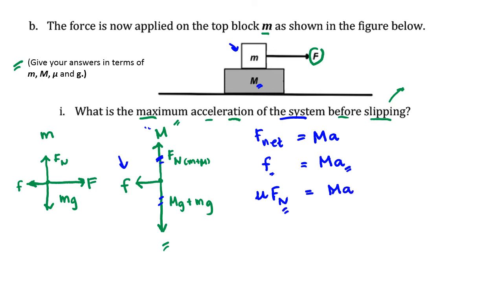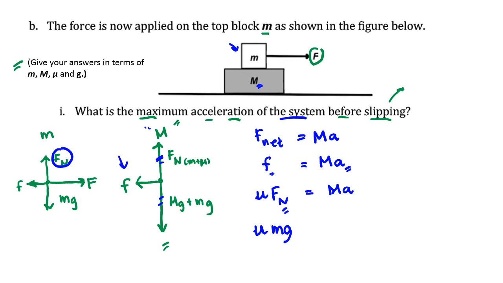Again, this normal force is the normal force that is associated with friction, and that is equal to the mass of the smaller object multiplied by acceleration due to gravity, or the weight of the smaller object. Once again, let me stress this.